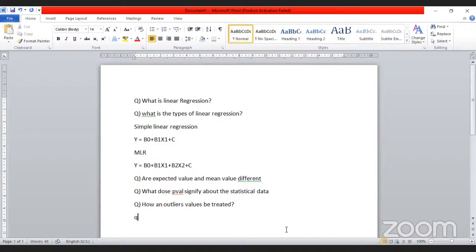Okay, next question is: what are the various steps involved in an analytics project?